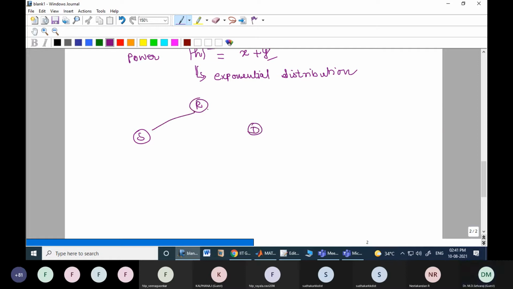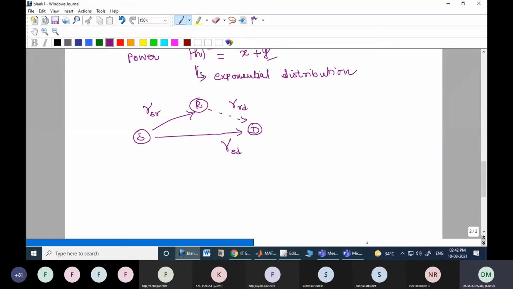In time frame 1, I get gamma ST, gamma RT, and also gamma SR. But at the destination, I get two signals: one directly from the source, another via the relay. So now I am getting two copies of the same signal, and the diversity effect is created.